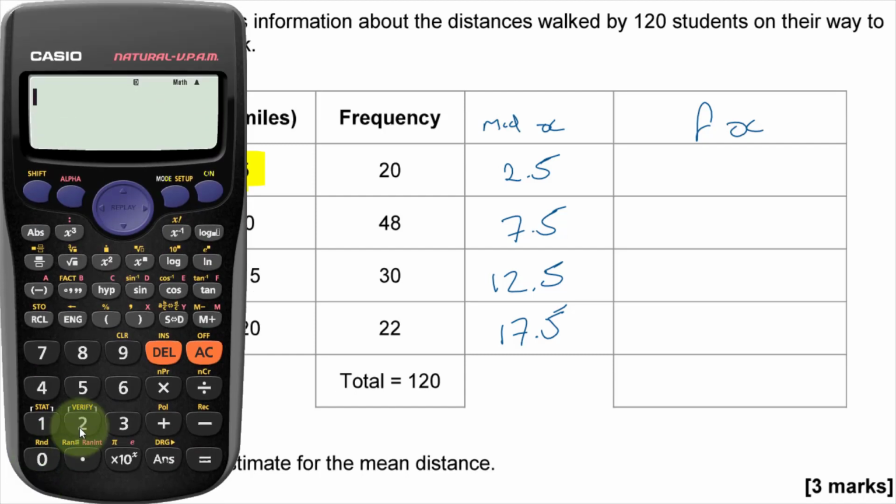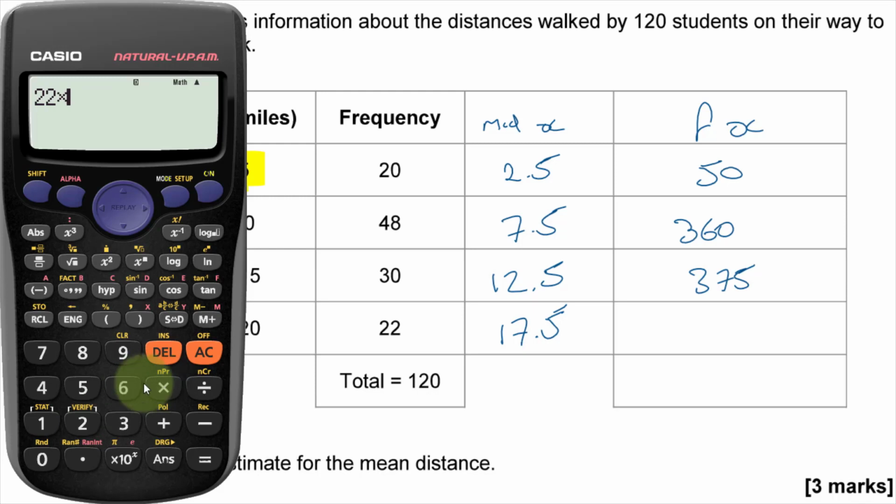Okay, once you've got the mid-x, then we can work out f times x. So grabbing the calculator, 20 times 2.5 gives me 50. 48 times 7.5 is 360. 30 times 12.5 is 375.